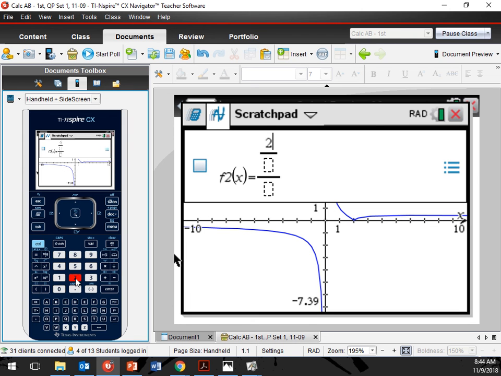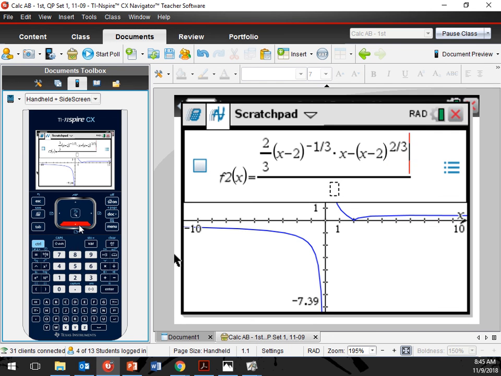On top it's going to be 2 over 3, and it's x, so parentheses, x minus 2, close, raised to negative 1 over 3, times x, minus (x minus 2) to the 2/3, and all divided over x squared, right? There we go.